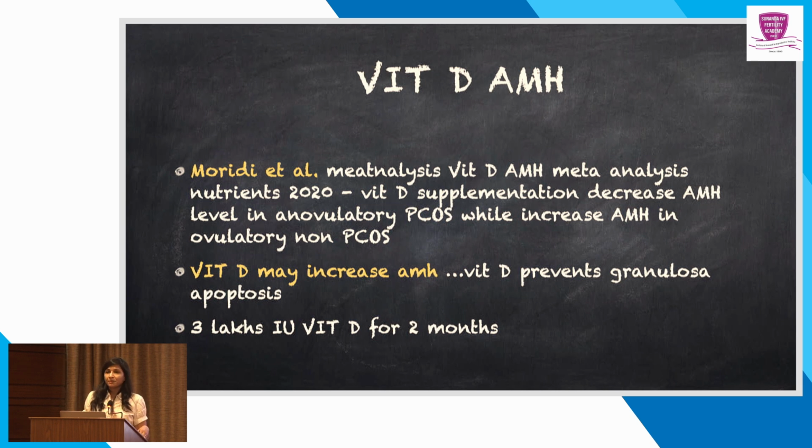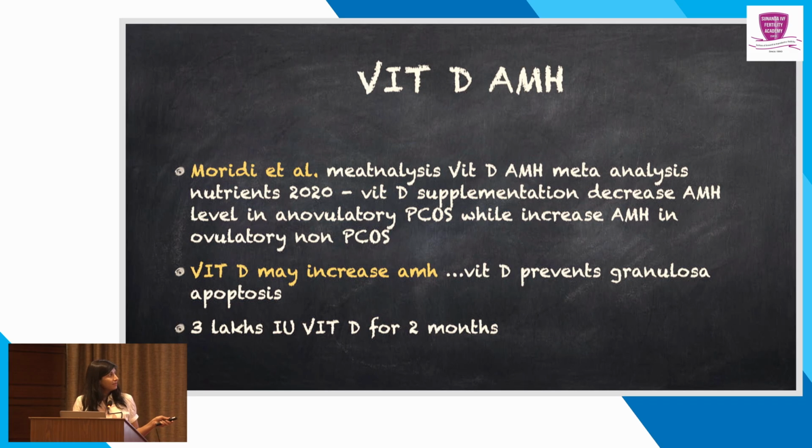Then vitamin D supplementation. Vitamin D is a very nice hormone. Everybody should take it anyway, but we have to give it to patients who have low ovarian reserve and also patients who have PCOD. Moradi et al. did a meta-analysis of vitamin D and AMH in 2020.